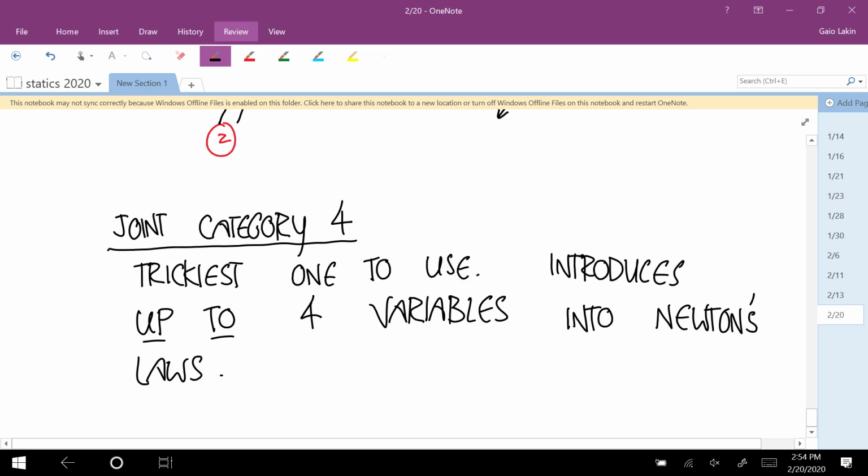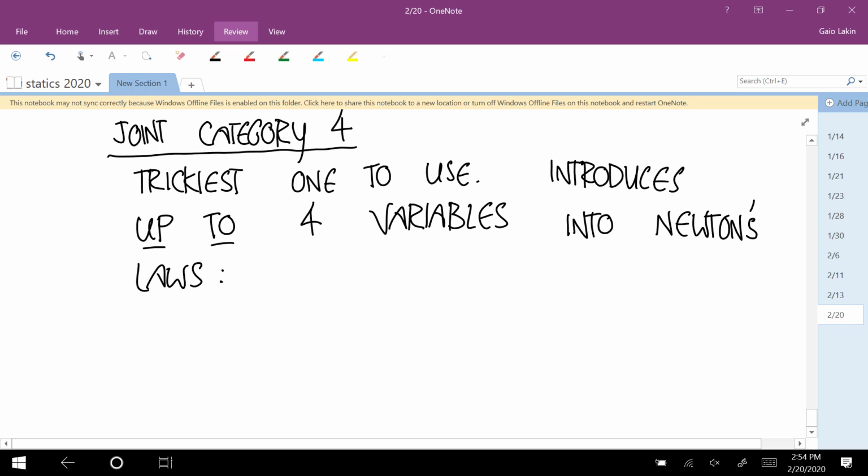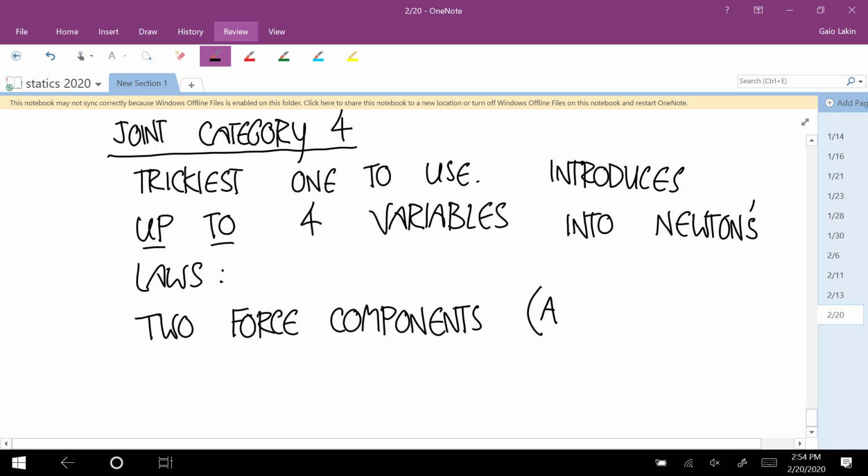And here's how it breaks down. There are 2 force components, and those are always there.